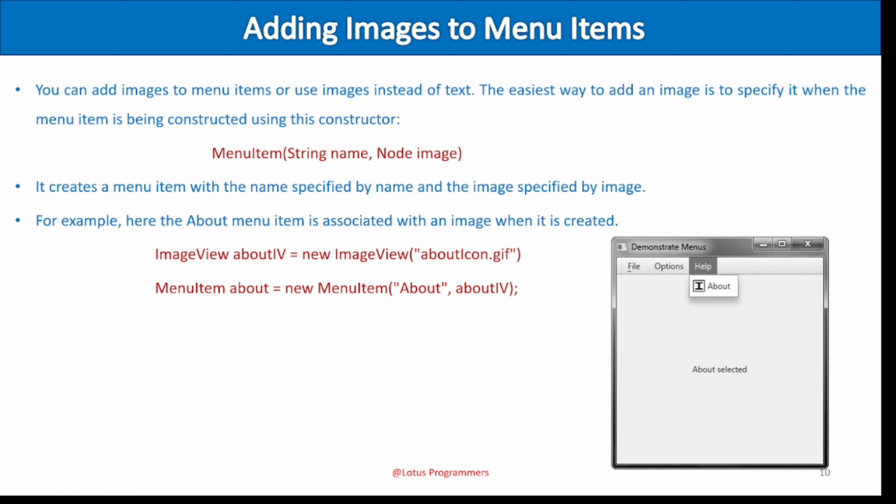Next, we go for how to add images to menu items. In general, in graphical user interfaces, when a menu system is defined, some of the menu items as well as menus have image buttons before the menu item name or menu name. In order to define such images, while creating the menu item or menu, we specify the image as the second argument.